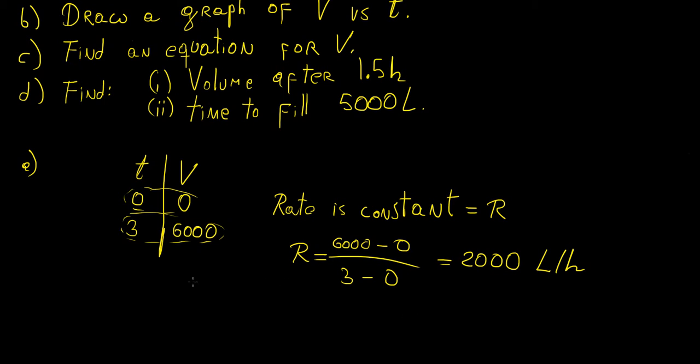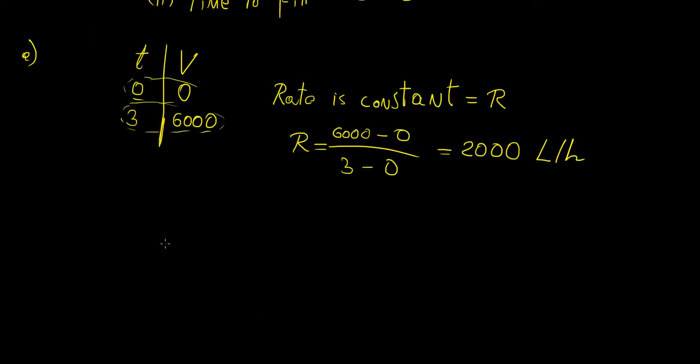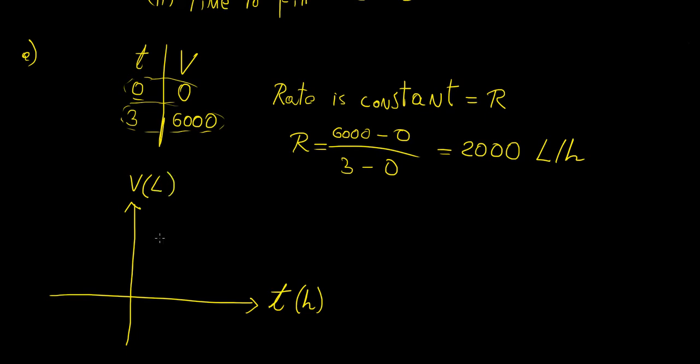Another way in which you could visualize this is by plotting it on a Cartesian plane like this. We have t on the horizontal axis in hours, and volume on the vertical axis in liters. We start off at 0, then at time 3 hours we go to 6,000 liters.